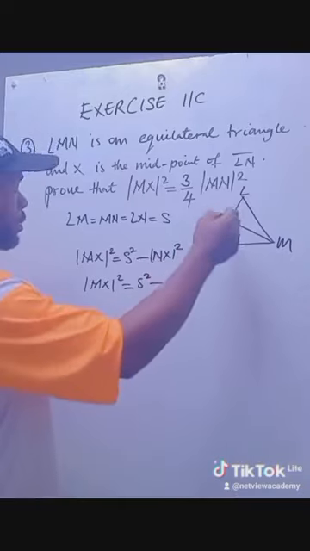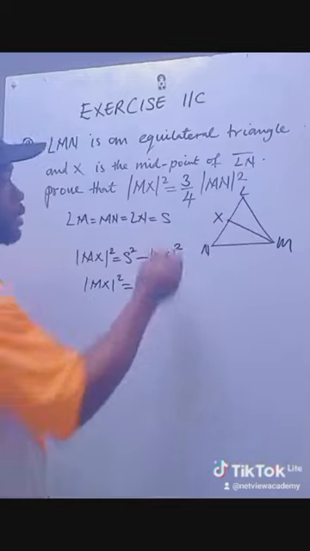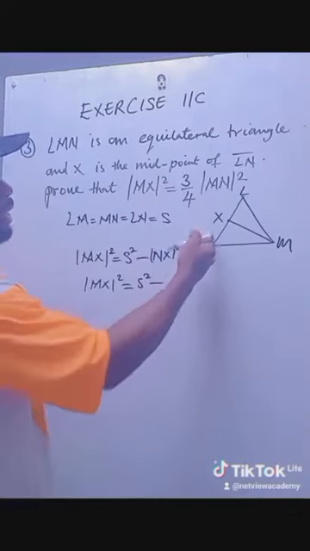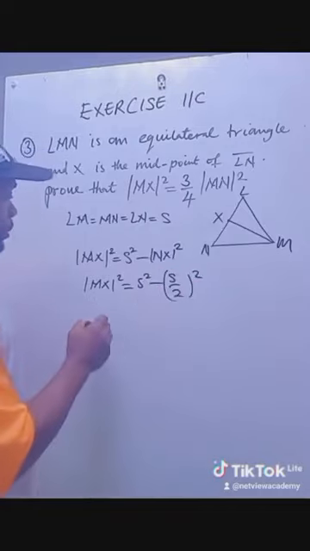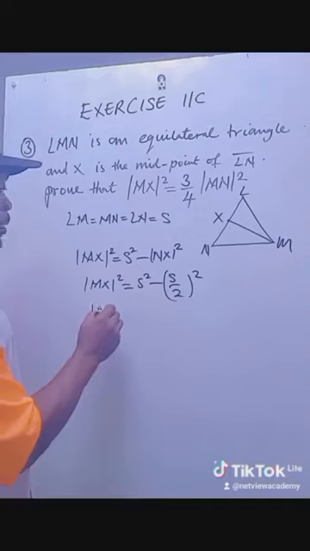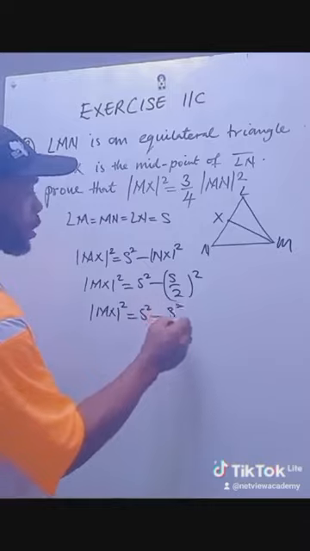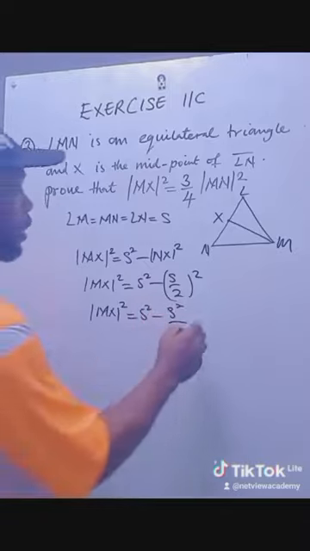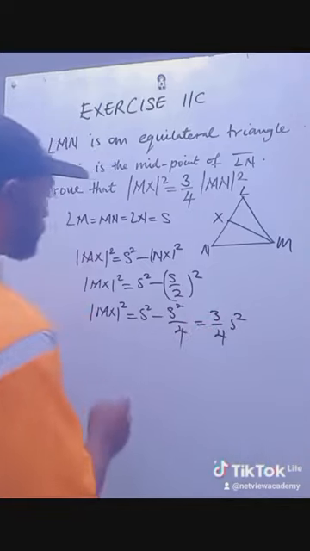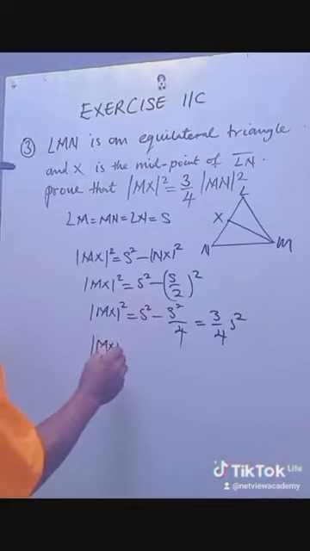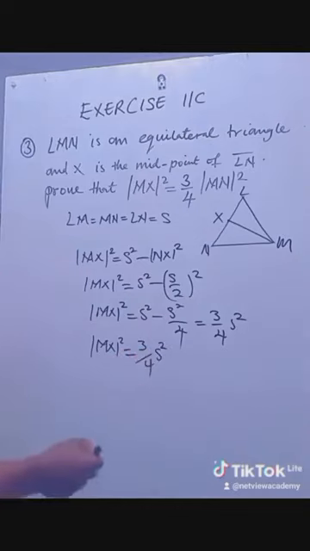Since the three sides are equal and each is equal to x, NX is equal to x over 2. The value of MX squared is equal to x squared minus x squared all over 4. And this value is the same thing as 3 all over 4 x squared. Therefore, MX squared is equal to 3 over 4 x squared.